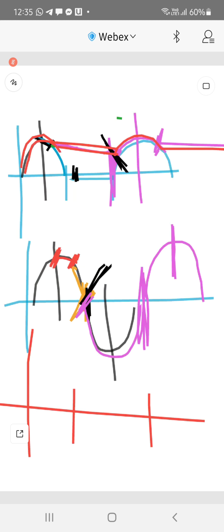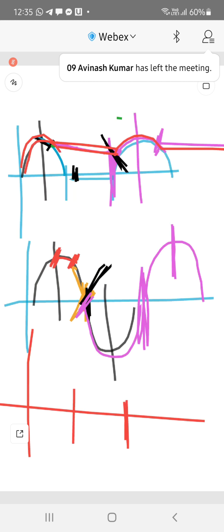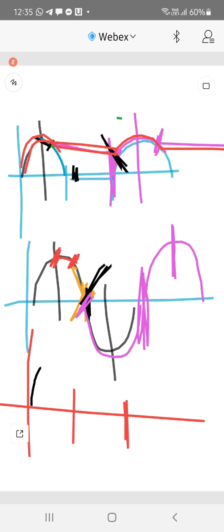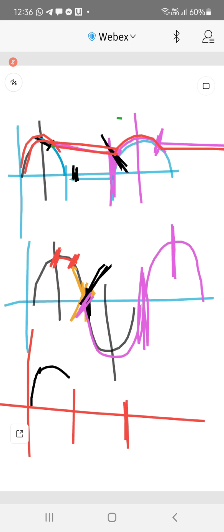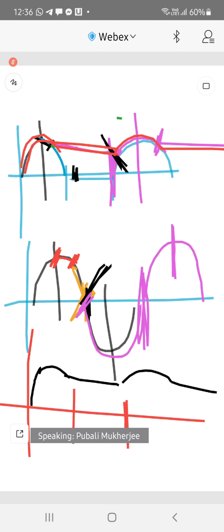What will the output waveform look like? Okay, so this would be the nature of the output waveform.